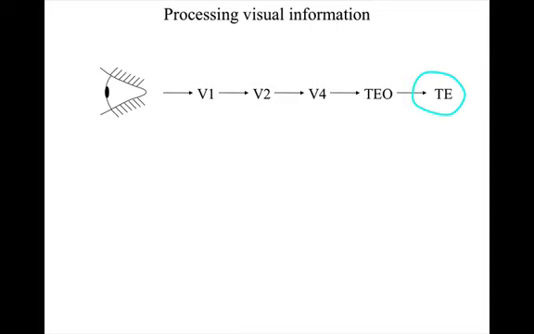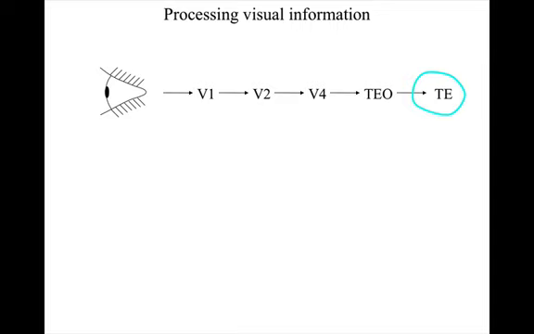Now, something very interesting about columns was revealed by studies of a cortical area called TE in the cortex of the macaque monkey. This area processes visual information. Information derived from the eyes enters the primary visual cortex area V1, then goes from V1 to an area called V2, then to V4, then through an area called TEO to reach TE.